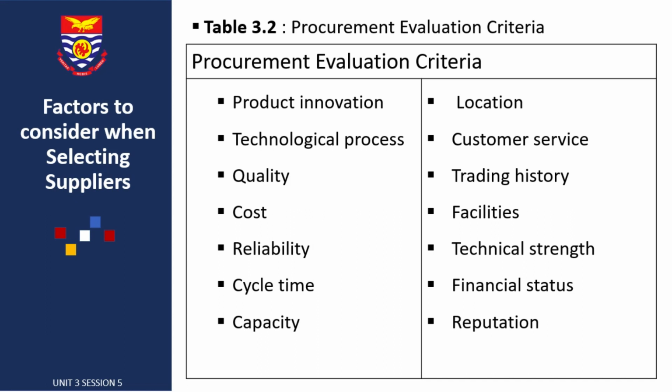All of these elements are some form of evaluation criteria organizations use to evaluate suppliers and choose them. The technical strength, the financial status, the facilities, the product innovation and all of these fall under some form of criteria organizations may want to use to evaluate suppliers.